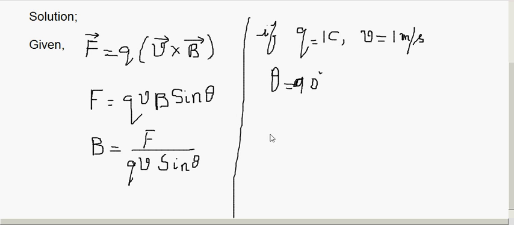Then in this equation, if you substitute everything, we get B is equal to F.